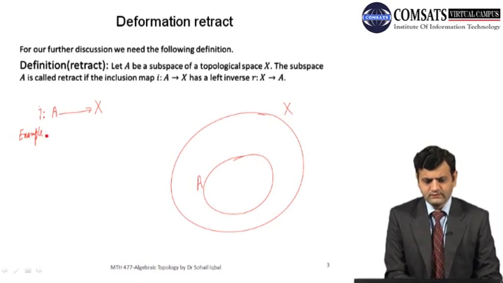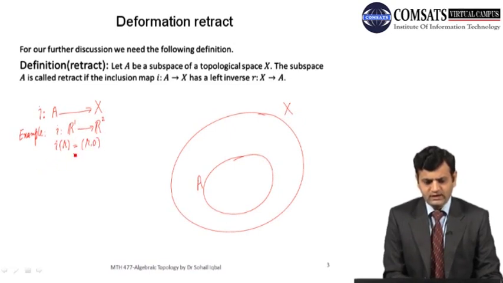consider I from R1 to R2. So R1 is a one-dimensional real vector space contained in this two-dimensional real vector space. So I can define this embedding in the following way. So every real number goes to (r, 0). So what is this embedding?